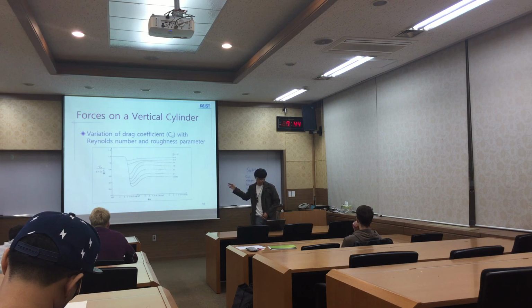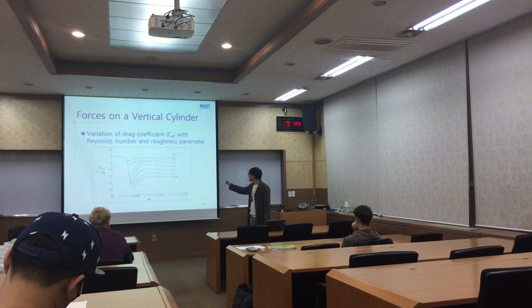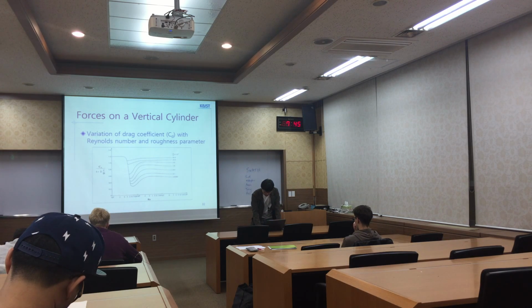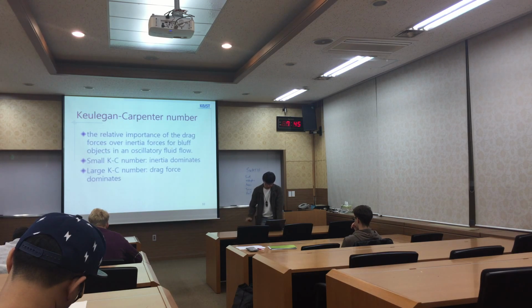Let's figure out the factors related to the wave forces. First, we will see some variation of drag coefficient with Reynolds number, arranged in order of roughness. And as we saw in the previous slide, there was a non-dimensional number, the Keulegan-Carpenter number. What is the Keulegan-Carpenter number?